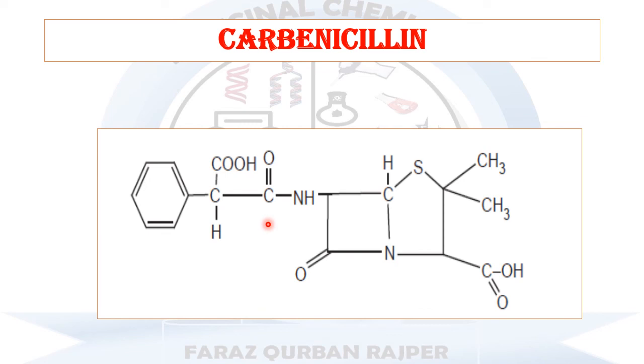And besides this, there is no bulky functional group that would act as a steric shield, and that bulky group is absent in case of carbenicillin. That's why it is sensitive towards penicillinase or beta-lactamase. So you may observe that all of the properties of carbenicillin are due to the presence of this carboxylic acid functional group.